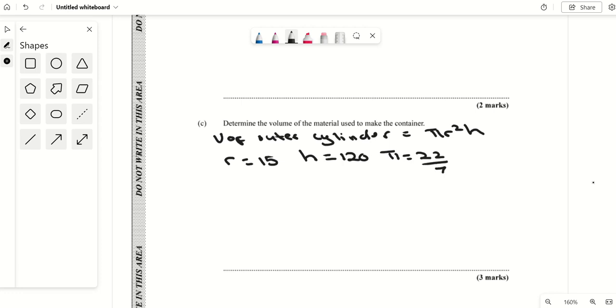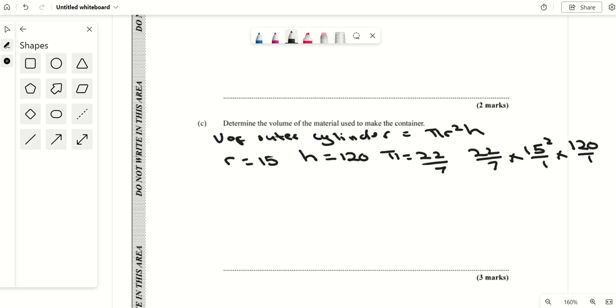So this would be 22 over 7 multiplied by 15 squared multiplied by 120.